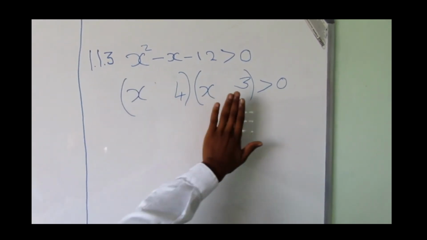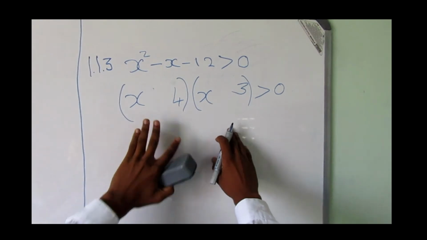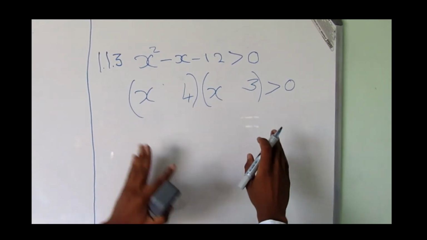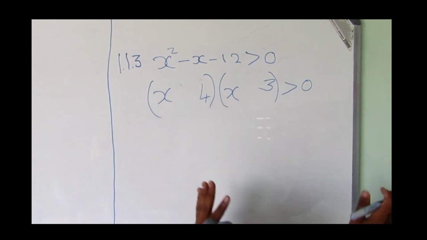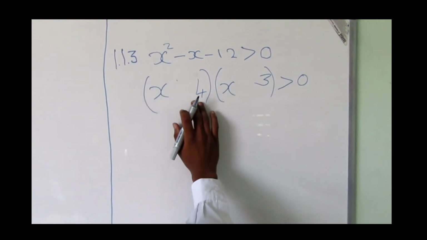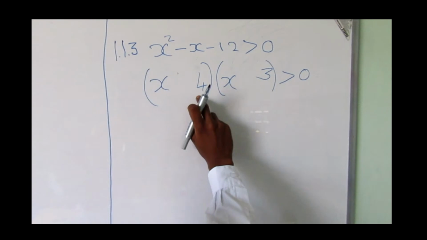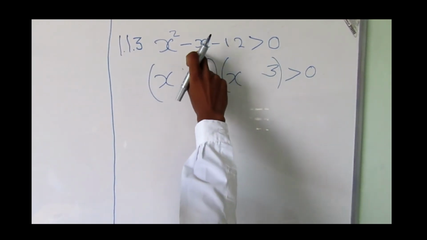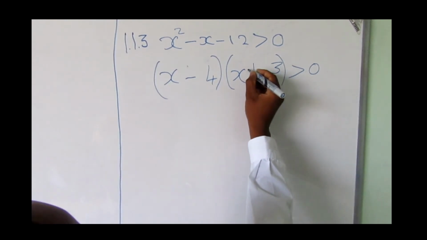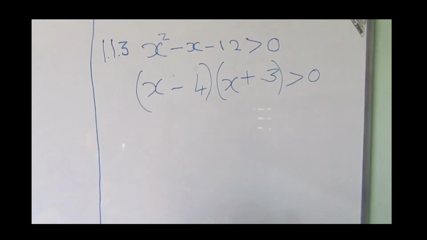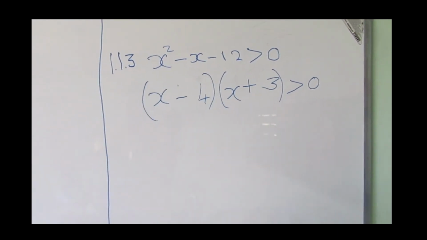Where are we going to put negative? We are going to put negative where there is a bigger value compared to the other one, of which 4 is greater than 3 and 4 is supposed to be negative, so that we can get negative x.